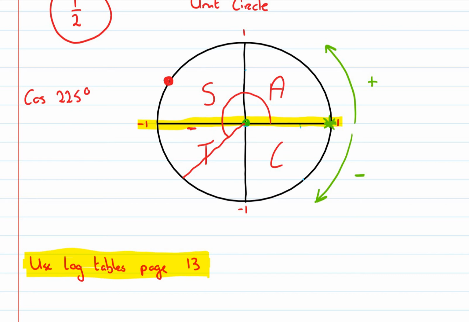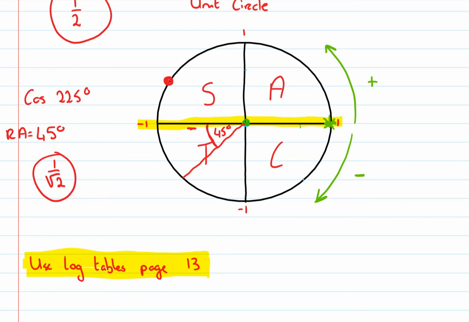So I'm looking at this yellow line going across, and I'm taking that as my reference angle. 45 degrees. So reference angle is 45 degrees. Check out what the cos of 45 degrees is in your logbooks, and you get 1 over root 2.